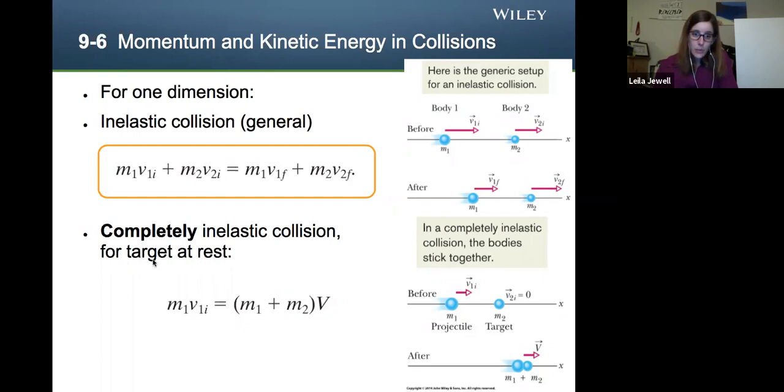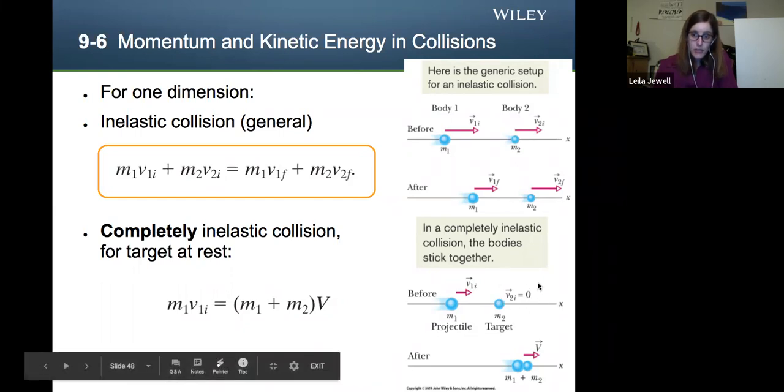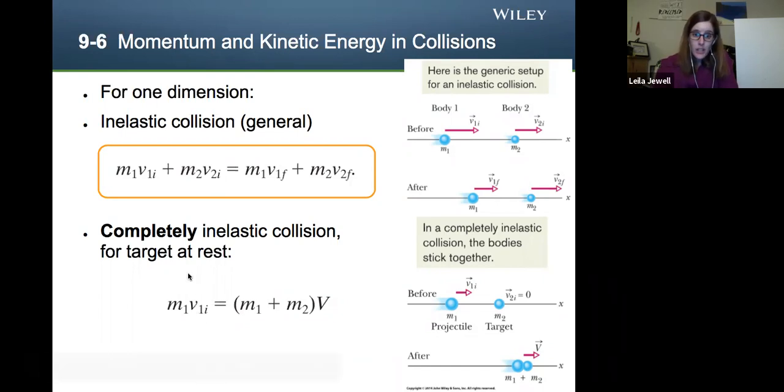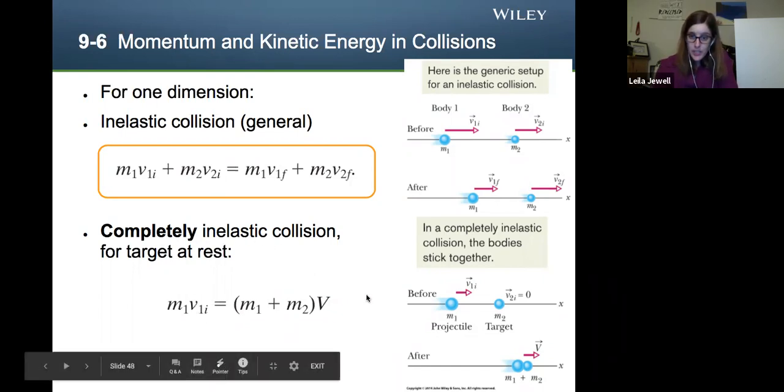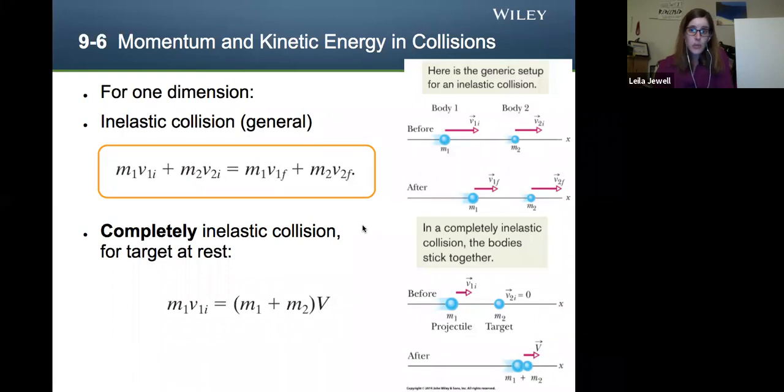Target at rest means that body 2 is initially not moving. v2I is set to 0, so that disappears from this equation. Also, because it's completely inelastic, after the two objects collide, they travel together at the same final velocity. So instead of calling it v1f, v2f, we just call it v, and they both have that same velocity. So this is a simplification or a special case scenario for the orange boxed equation above.